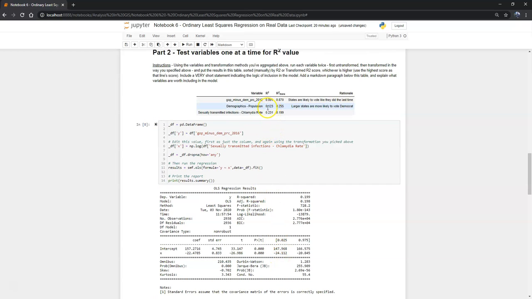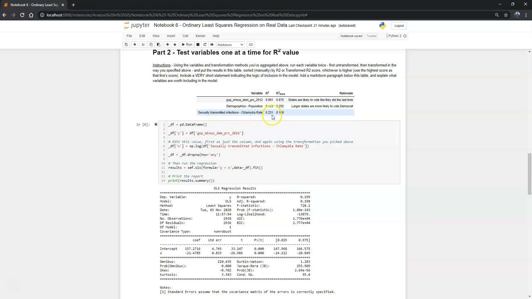So essentially what we're looking for is we want to use the highest R squared value for that variable, whether it's untransformed or transformed. So for the previous vote, the 2012 vote, the best result was actually when it's untransformed. For the demographics, the best result was when it had a log transform.